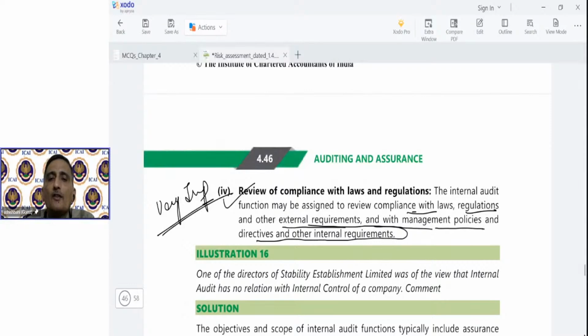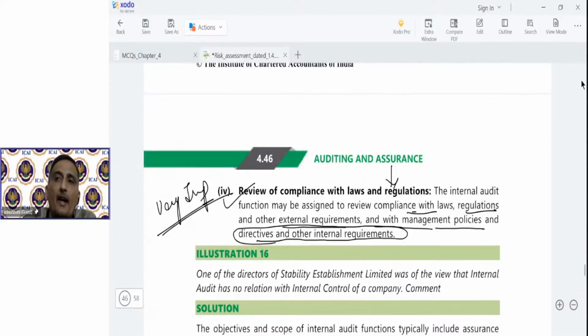It also states that not only compliance with laws, but also with other management directives, the regulations which the management has itself made. Okay.